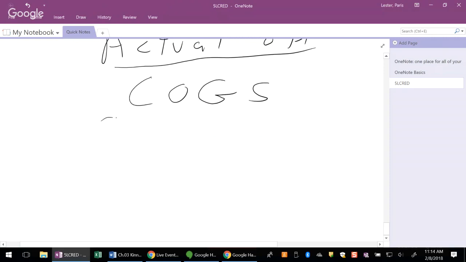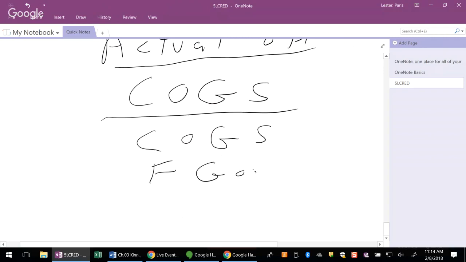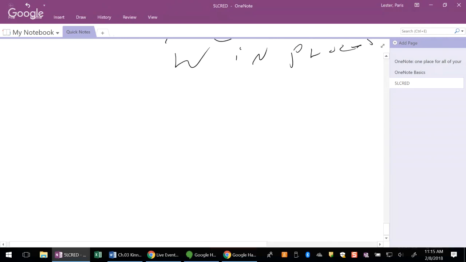Now, if it's significant, you split it between cost of goods sold, finished goods, and work in process. All right, so that's problem 4, applying overhead, getting the over or under applied, and making the journal entry.